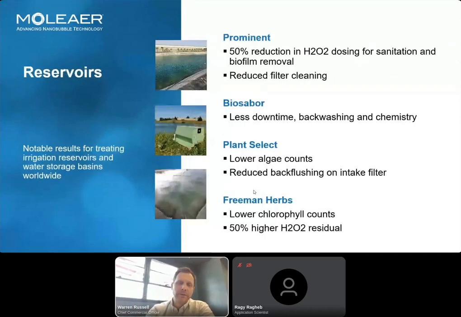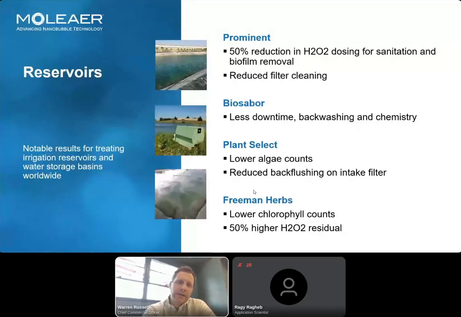Reservoirs as well is another part of our business, which is really about treating algae in all kinds of different water bodies, and nanobubbles playing a central role to that. In many cases, it's just simply air nanobubbles, and we apply those same learnings, that same application to irrigation reservoirs where water is stored, and it could be supporting anything from berries in a field to greenhouses or nurseries.